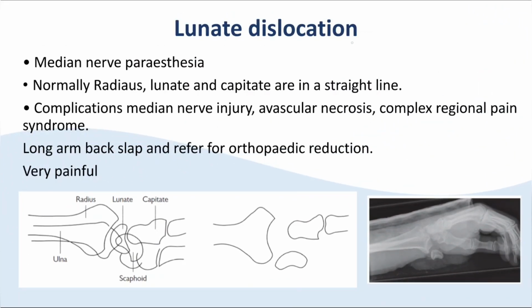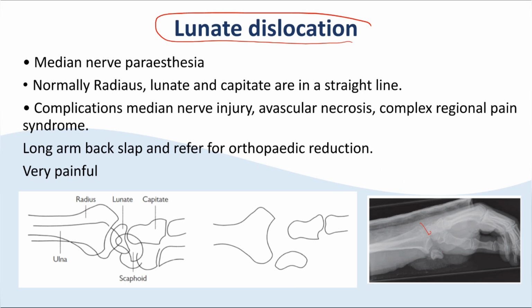Coming to lunate dislocation. The lunate dislocates after a heavy mechanism, for example, a fall onto an outstretched hand with the wrist extended and in dorsiflexion. This force can disrupt the ligaments around the lunate, causing it to dislocate, and sometimes it rotates.